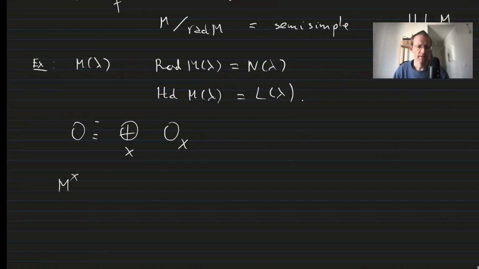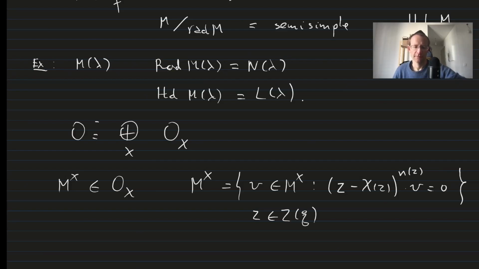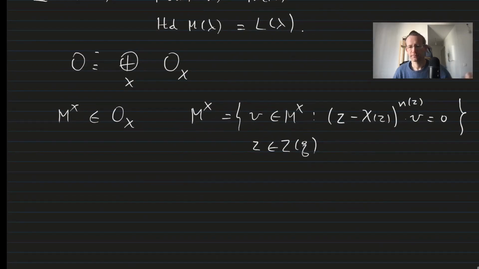And they contain modules, which are defined as follows, such that if you have an element of this module, then you take an element of the center minus its character, then some finite power of it, which may depend on the central element, will annihilate all vectors of the module, where z is an element of the center of the Lie algebra.